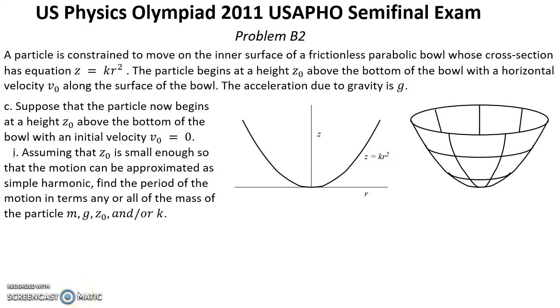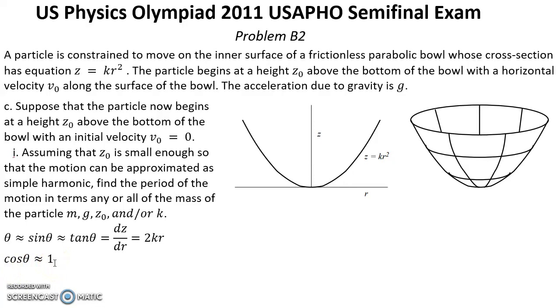Solution. Because z0 is very small, we can assume that angles are very small. So the correct assumption for this motion is that theta is approximately sine theta, approximately tangent theta, and tangent theta equals dz over dr, which is 2kr, and cosine theta is approximately 1.